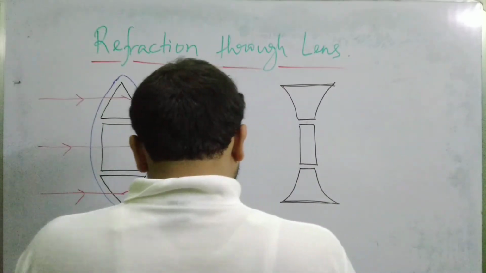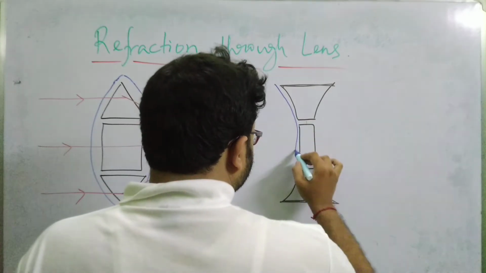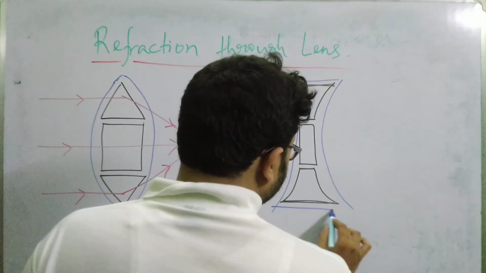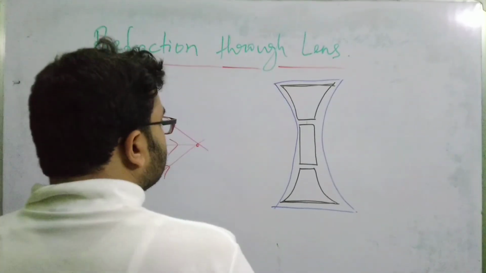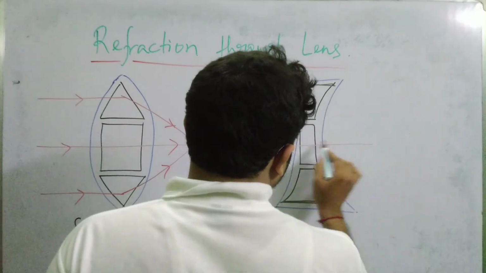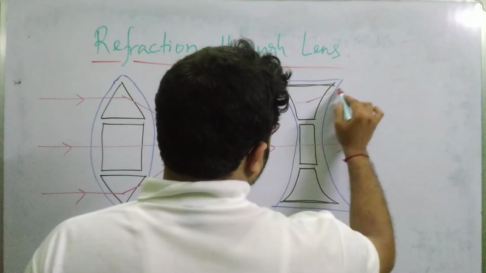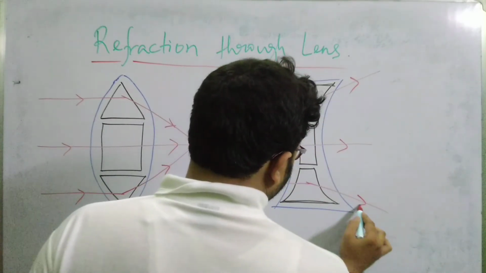If I consider the structure like this, it is almost a concave lens, isn't it? Obviously it is. So in prism action, the light ray in the middle passes undeviated like this, the outer prism passes the ray like this, and the prism below passes it like this.